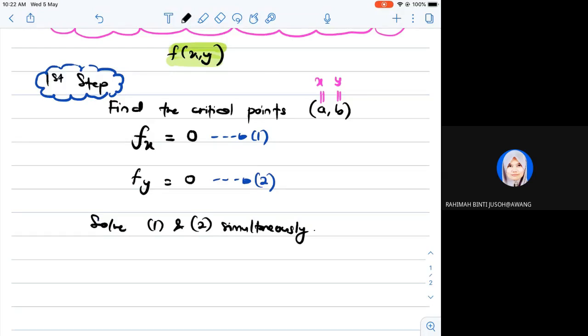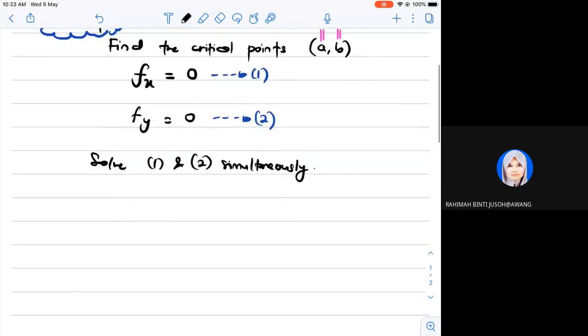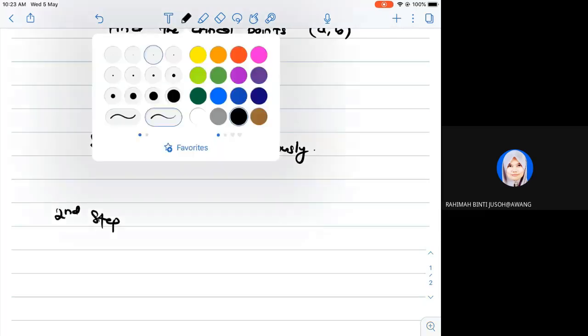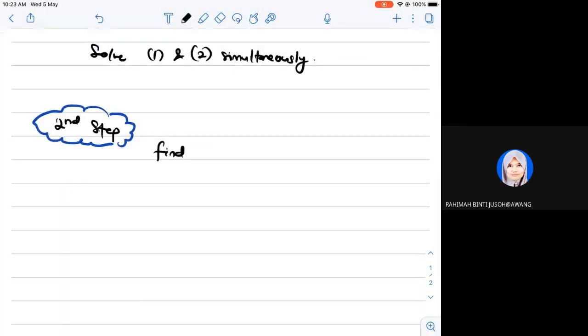Okay. Next, after we get the critical points, what you should do is, second step, you have to find number 1, find fxx.